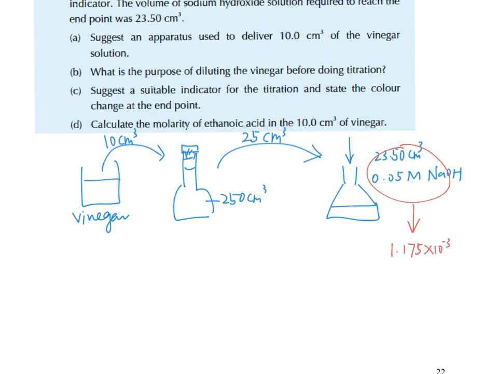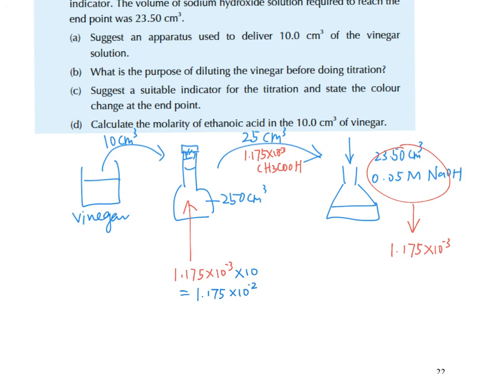So in this 25 cm cube of diluted vinegar solution, there is the same number of mole of ethanoic acid, but in the volumetric flask, the number of mole of ethanoic acid should be 1.175 times 10 to the power minus 3 times 10 equals 1.175 times 10 to the power minus 2 mole of ethanoic acid.